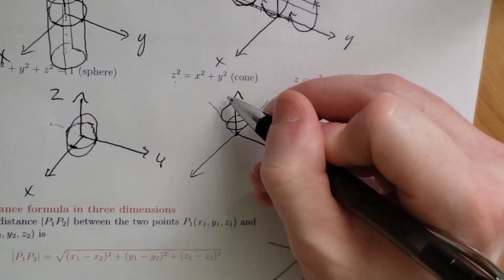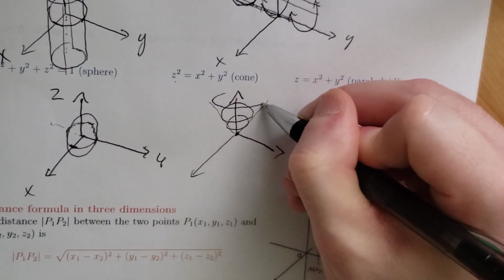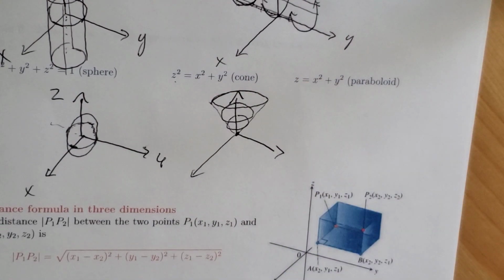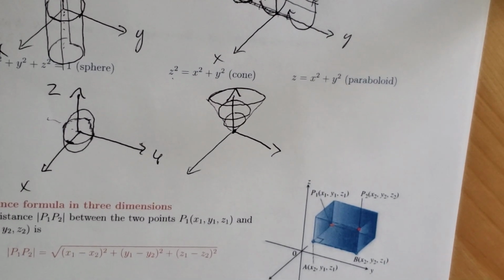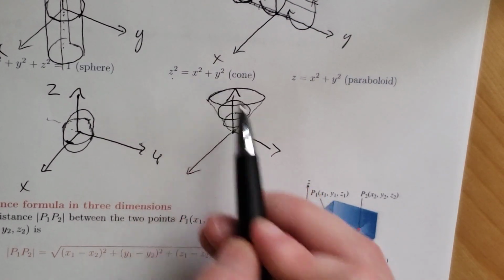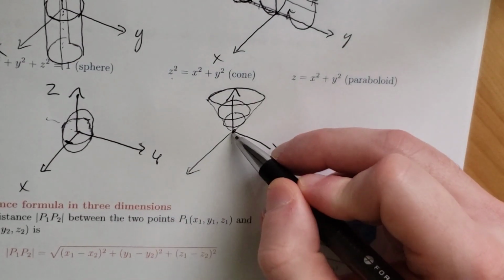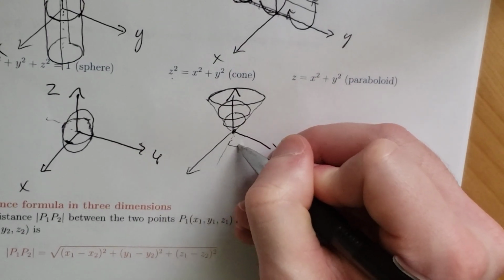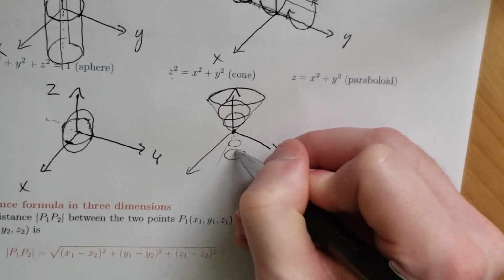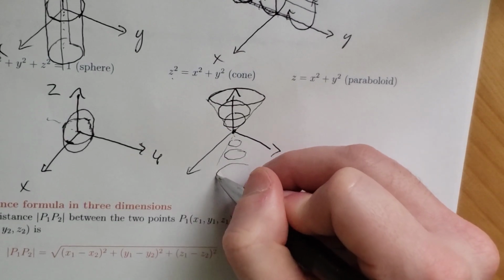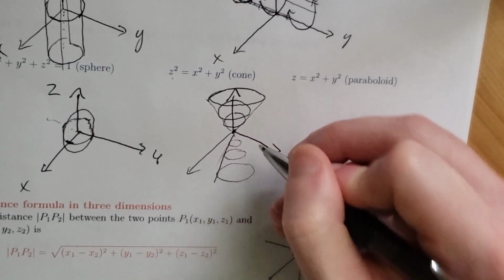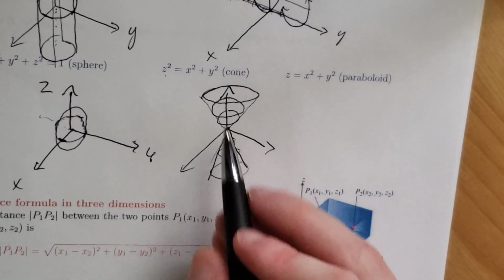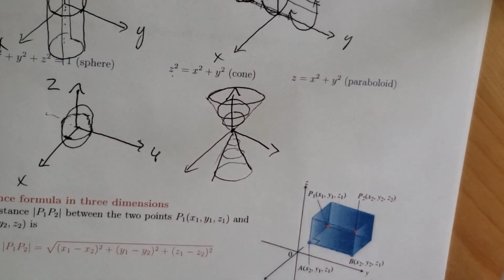And so on. And really, since it's z squared is equal to x squared plus y squared, we have the same cone running down as well. All right, those are supposed to be symmetric on either side of the XY plane.